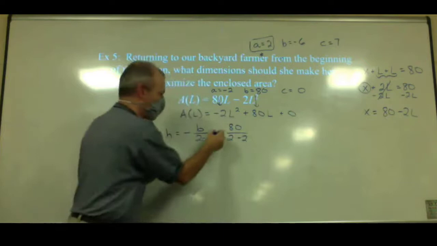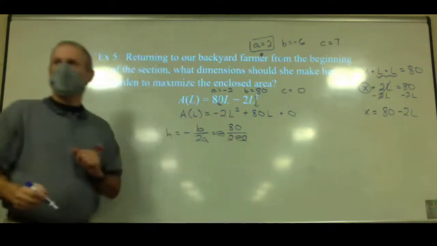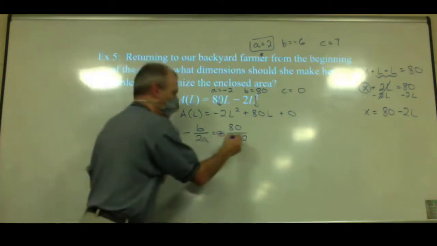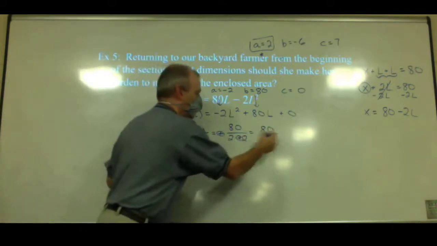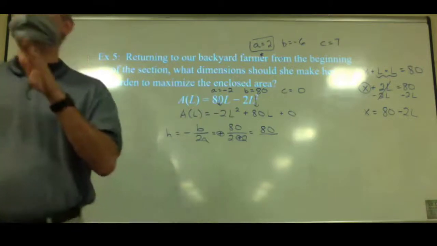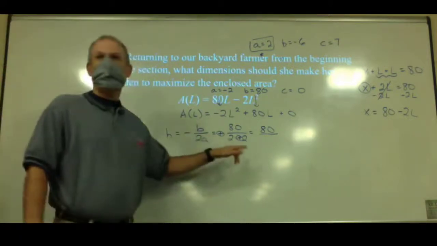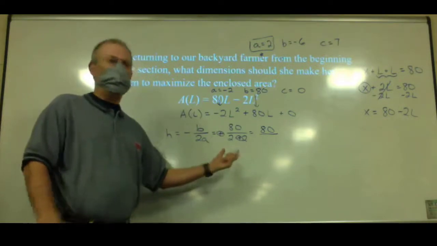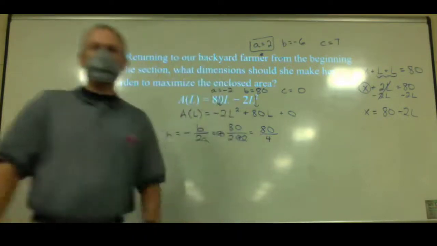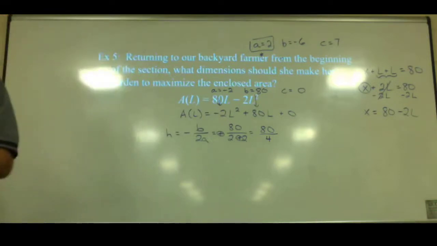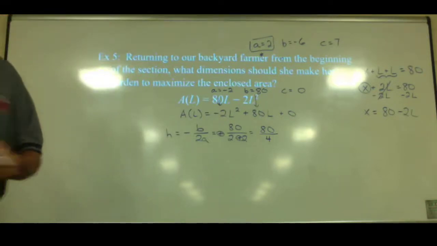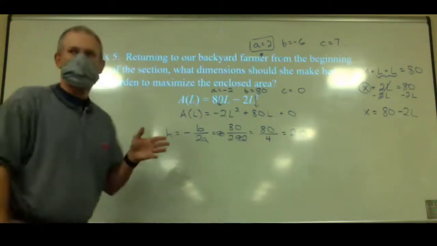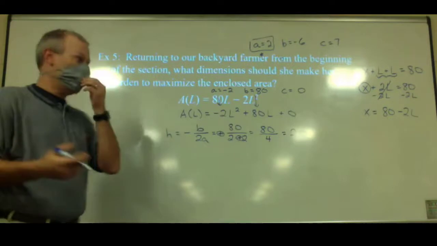So once again, we actually have these two negatives, and they're going to cancel out, become positive. Now, if you're using a calculator, you do have to be a little bit careful here. Simplify the bottom before you try and do it all in a calculator. What is 2 times 2? 4. Okay, then you're great to go use your calculator. What is 80 divided by 4? 20. So our h value is 20.